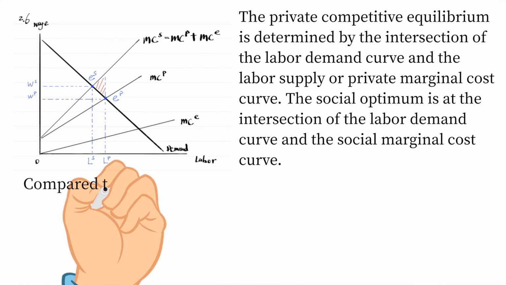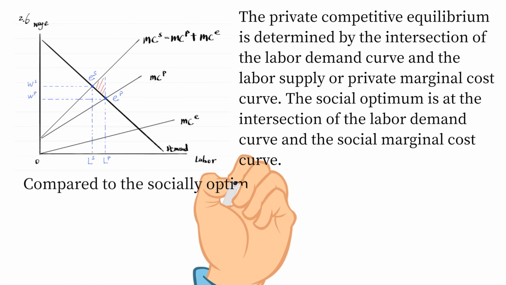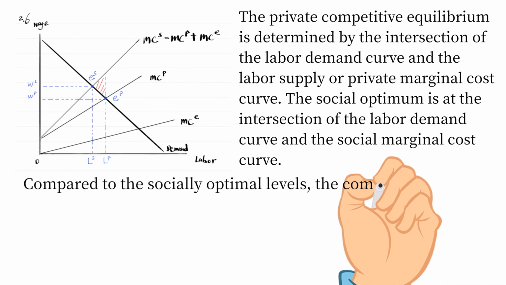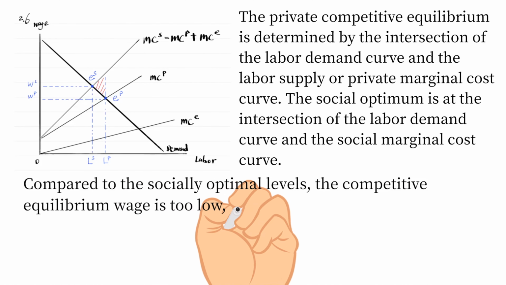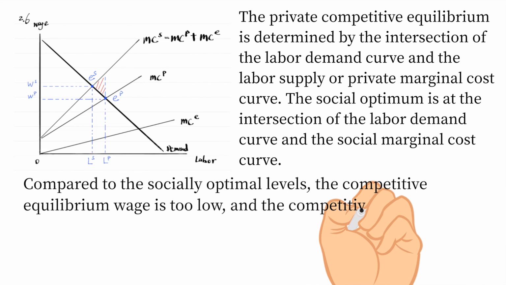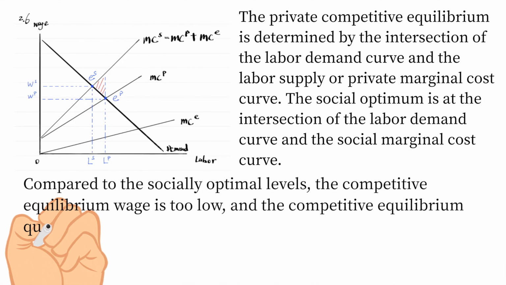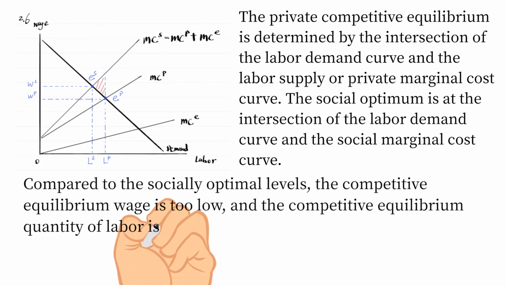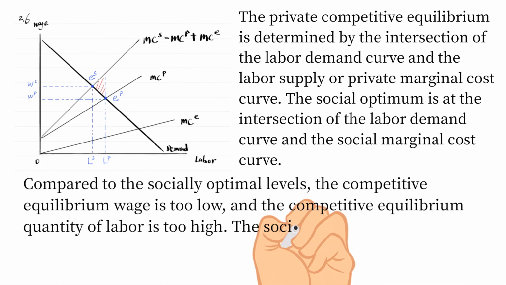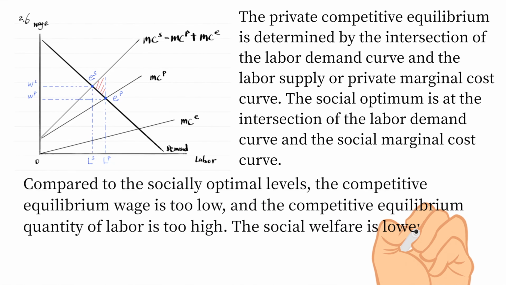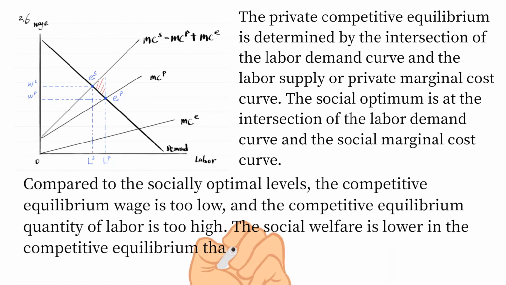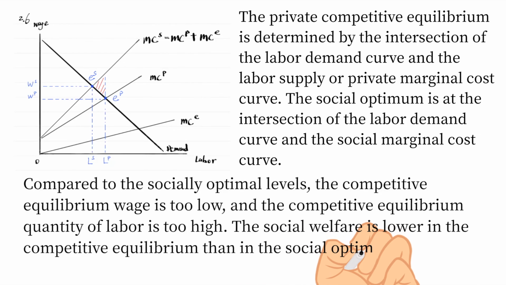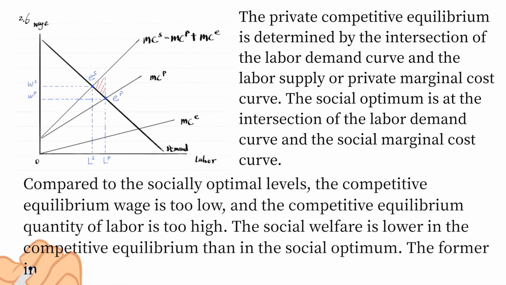Compared to the socially optimal levels, the competitive equilibrium wage is too low, and the competitive equilibrium quantity of labor is too high. The social welfare is lower in the competitive equilibrium than in the social optimum. The former incurs a deadweight loss of the red area.